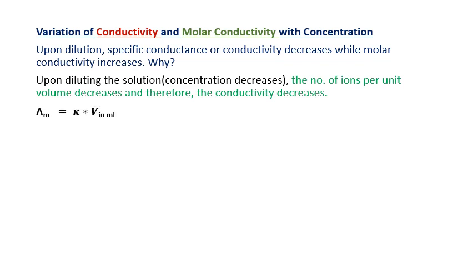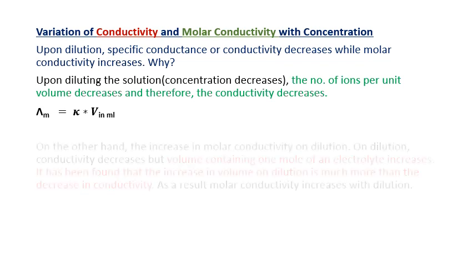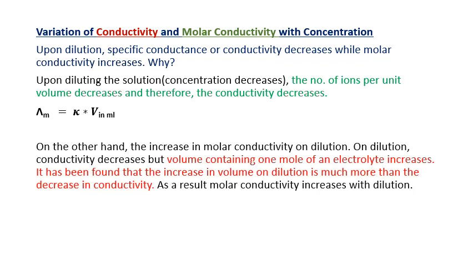So this is the formula we have seen earlier. On the other hand, specific conductance or conductivity decreases on dilution, but what about the molar conductivity? Molar conductivity will increase on dilution. Again, it is an important question.